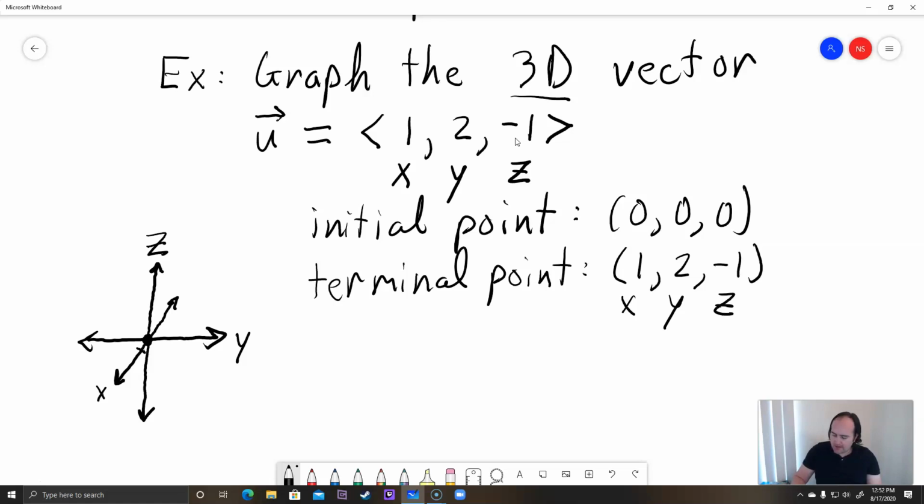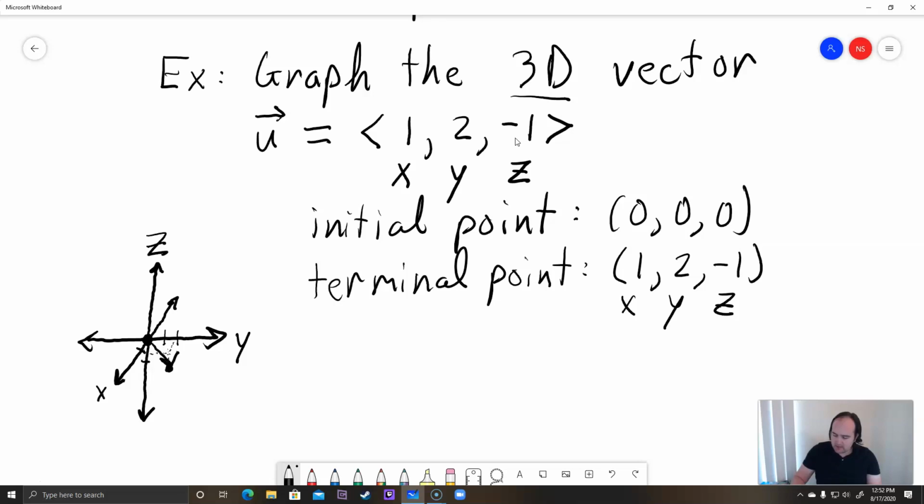And then on the y-axis, I'm going to go 2 to the right. So that's going to bring me to right here. And then on the z-axis, I want to go down to negative 1. So that's going to bring me down negative 1 to here. So my vector is going to be right about there.